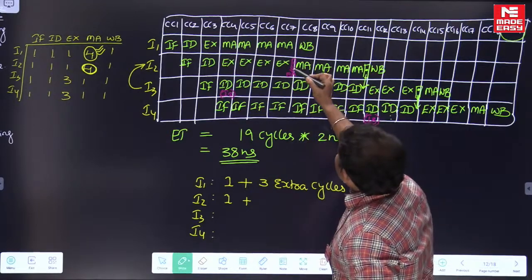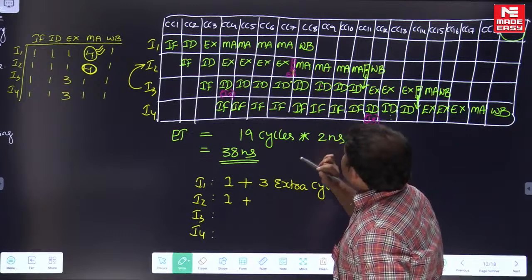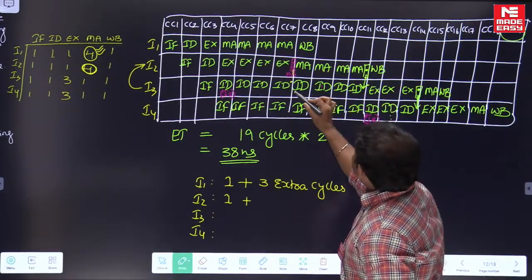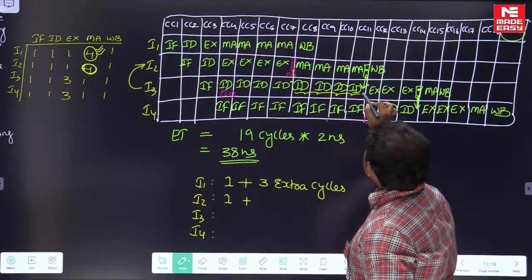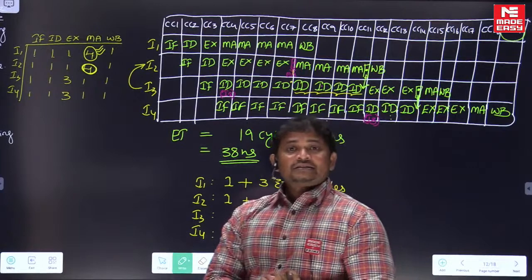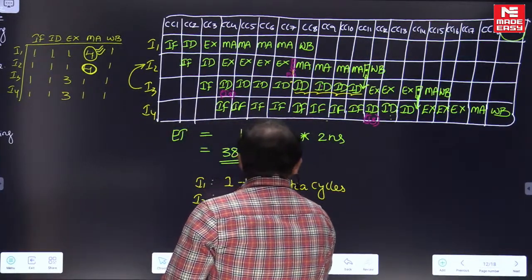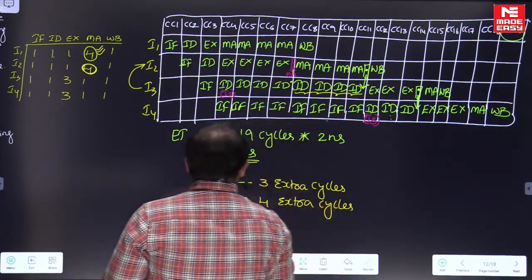Usually it expects the data from the EX stage, but it is getting the data from MA. So how many cycles is it waiting? 4 cycles. It takes 4 extra cycles of waiting.